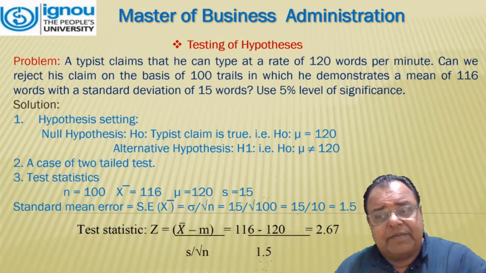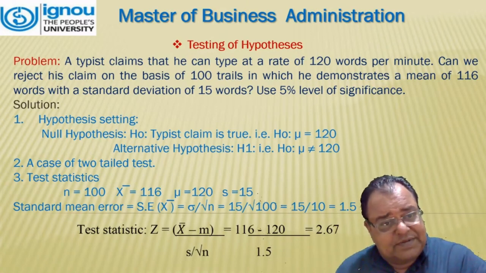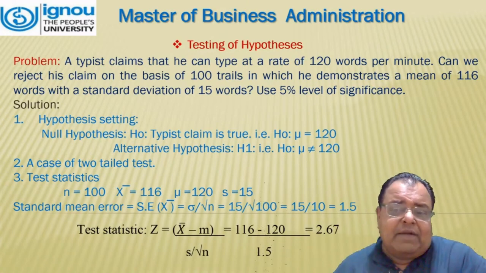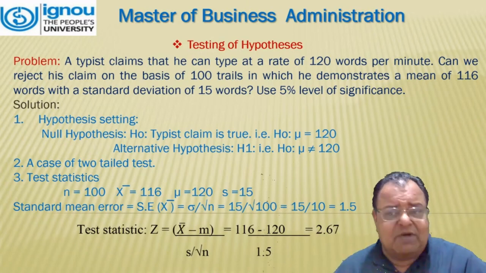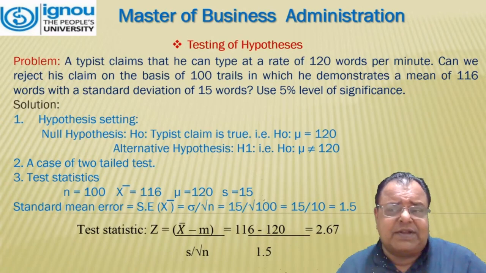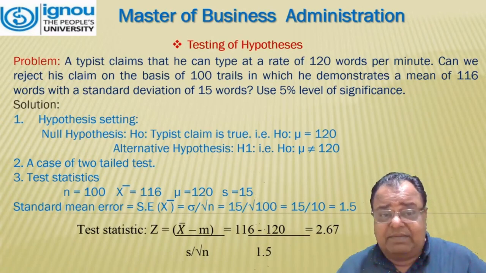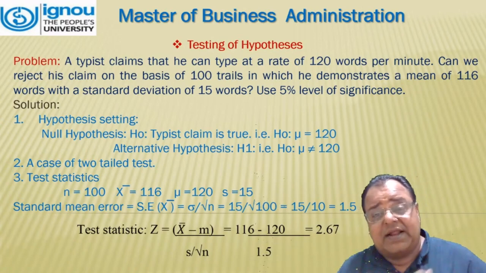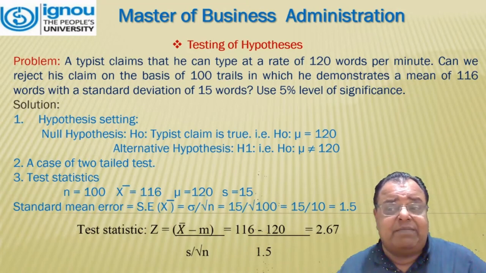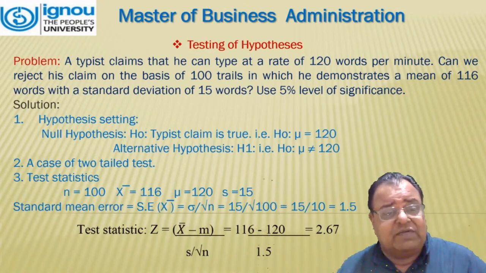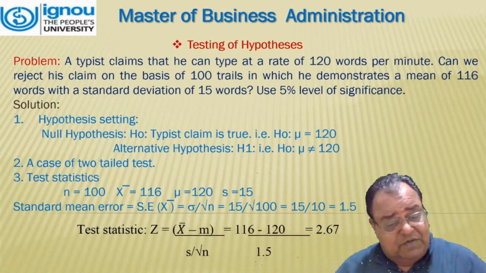Here, again, the same thing: standard deviation is given to us, mean is given to us, and n is given to us. First of all, how to solve this problem? Yes, the basic question is, can we reject his claim on the basis of 100 trials in which he demonstrates a mean of 116 words with a standard deviation of 15 words?